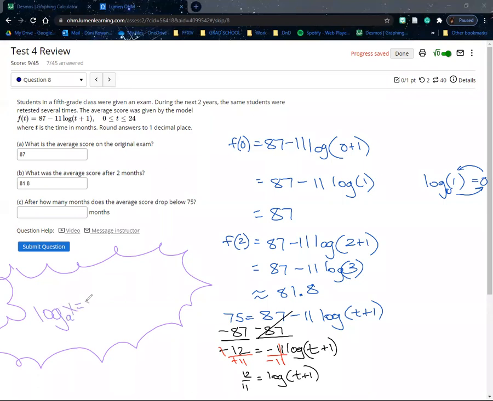Or in this case, guys, remember this. This is your golden ticket, right? A to the Y equals X. What's our A here? 10. What's our Y?